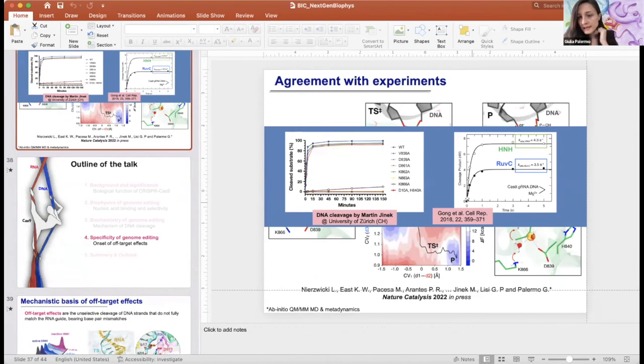What is interesting is that the kcut in this case was measured after the binding of the nucleic acids. So it is a measure that basically refers directly to the step of cleavage, which was great because we could fairly compare it with our simulations, according, of course, to the assumptions that are present in transition state theory.